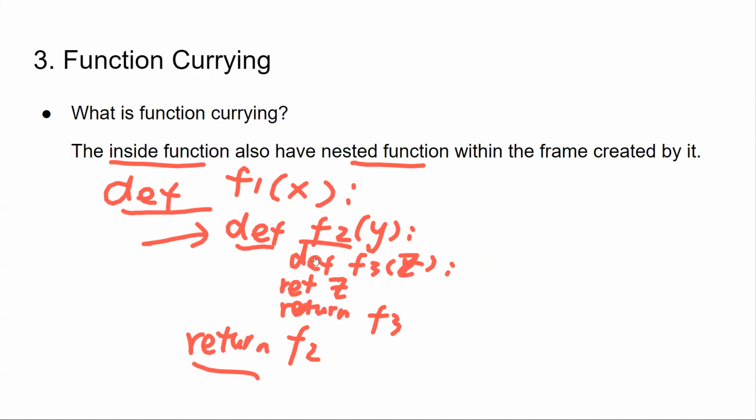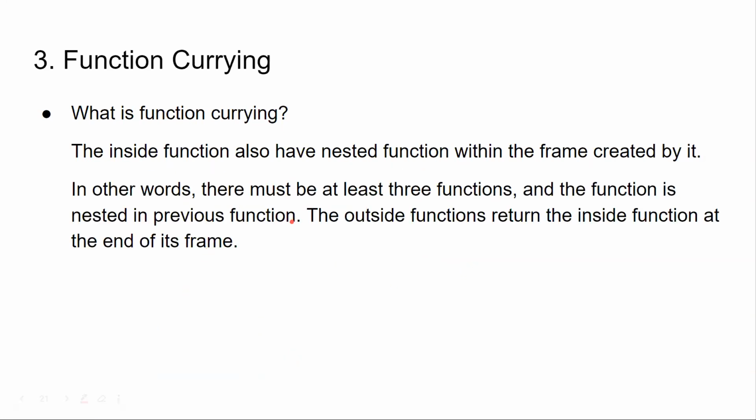We get multiple higher order functions together, one in another, and we still do return, even though it is an inner function of the very outer function, but it still returns the function inside of this nested function. So this is function currying. In other words, there must be at least 3 functions, and each function is nested in the previous function. The outer function returns the inside function at the very end.